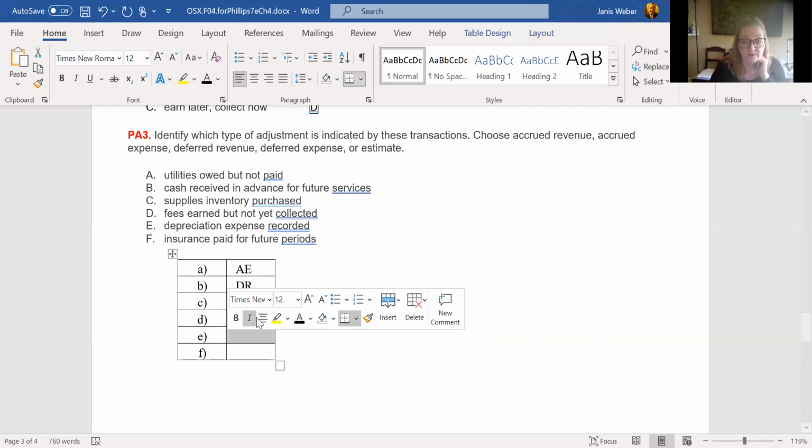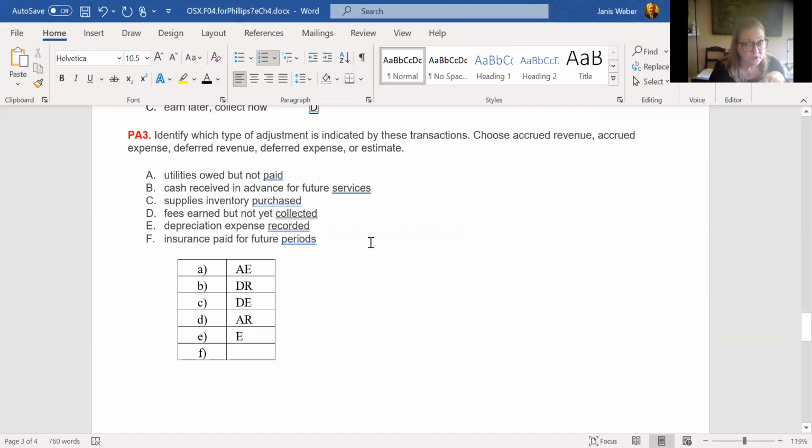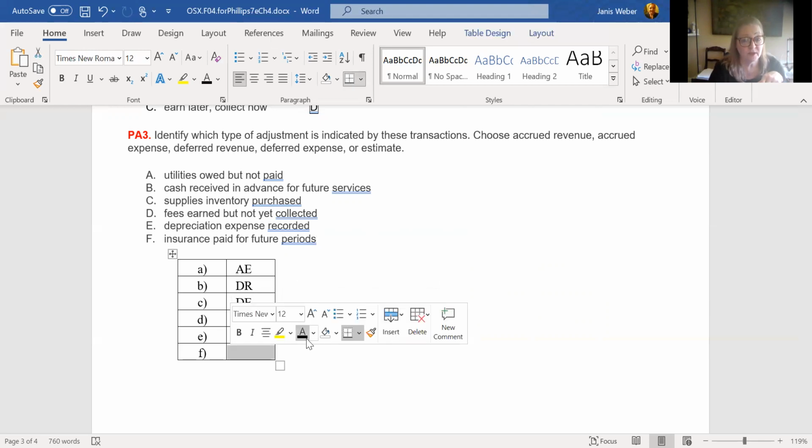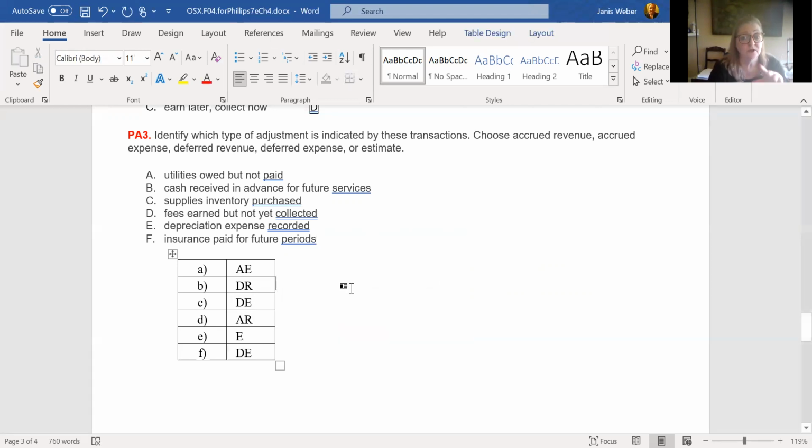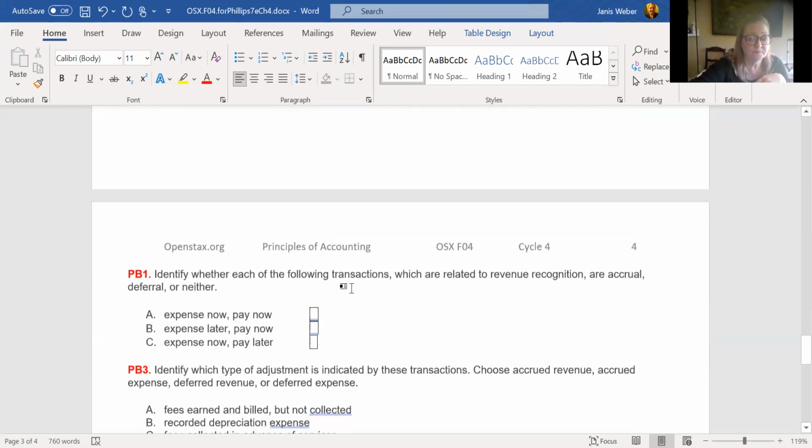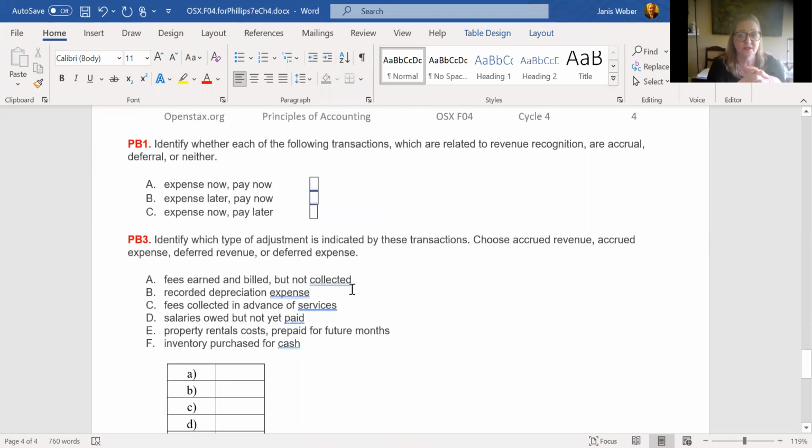That's estimate. And then insurance paid for future period. That's a prepaid insurance, which is a deferred expense. It's going to wind up being insurance expense one day, but right now it's for a future period, so it's a deferred expense. All right, now here's one about the expenses.